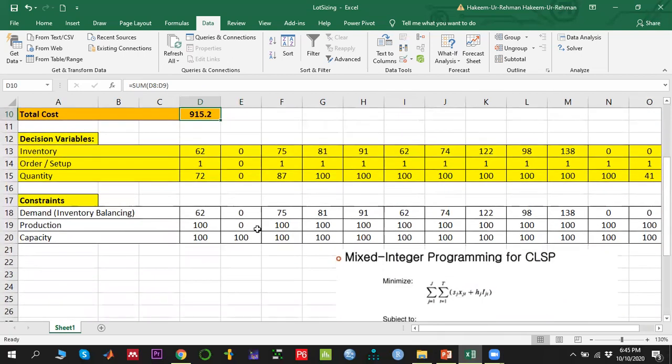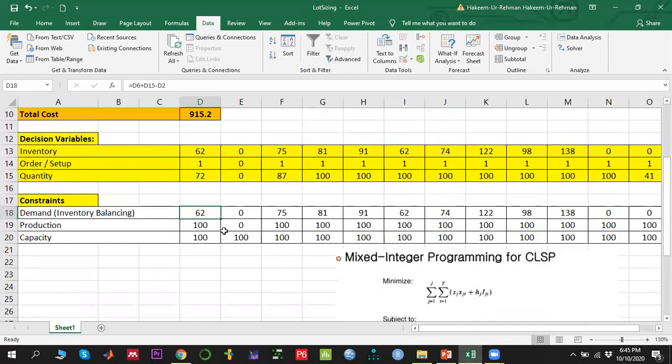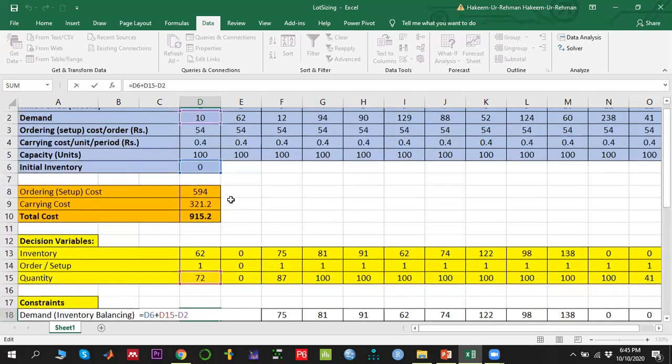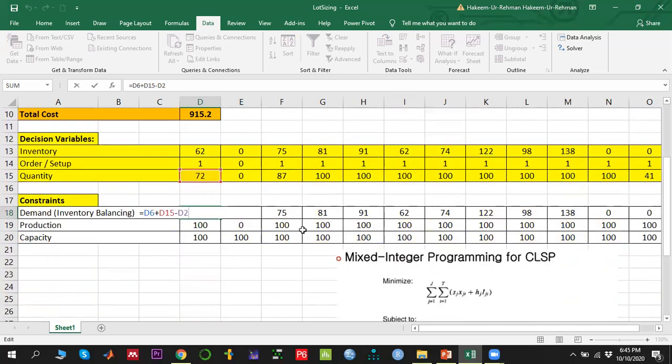Okay, next what we need to do is apply the inventory balancing constraint. So what's the inventory balancing constraint? That would be equal to D6. D6 right now is indicating the initial inventory, for time period 1, plus the production quantity, minus the demand. So this would be the first time period inventory.